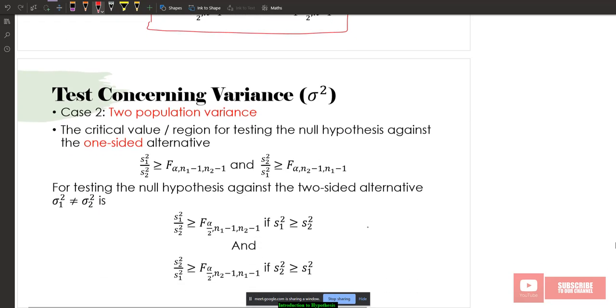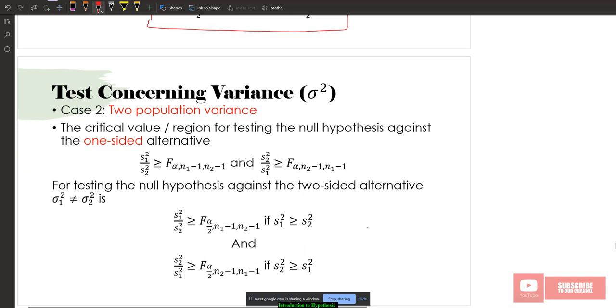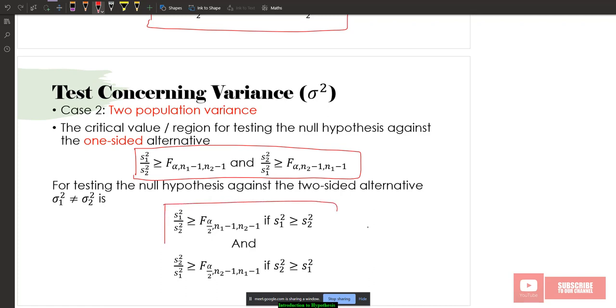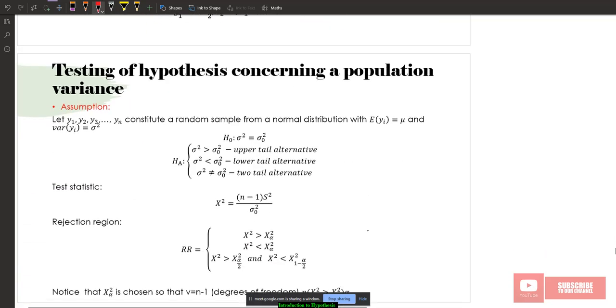Same goes to two population variance. For two population variance, when you have a single one-sided test, this is the formula of critical value. And this is the formula for two-sided test. So you can use either this one or this one, it's the same formula. Because we already discussed this thoroughly in chapter number 2, right?